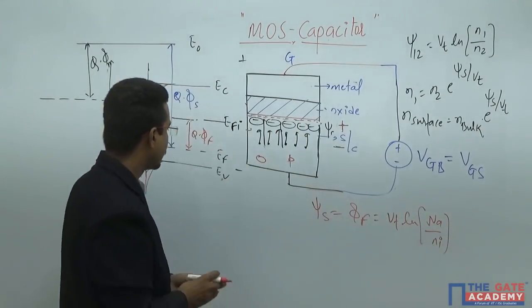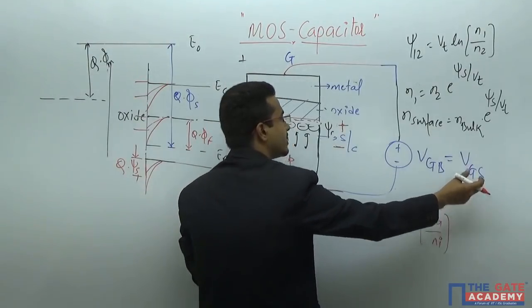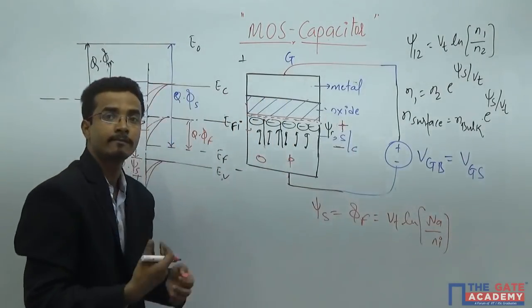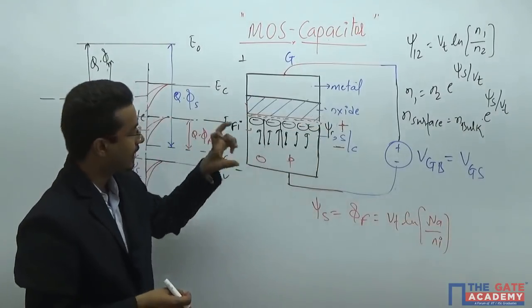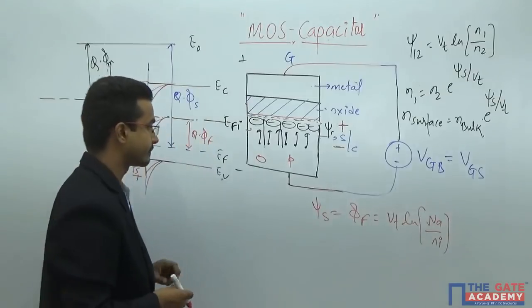Now what will happen if you keep on increasing VGS? This psi S will keep on increasing, and if psi S is large enough, equal to phi F, then what will happen here?